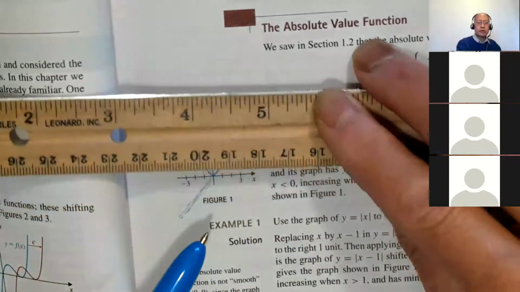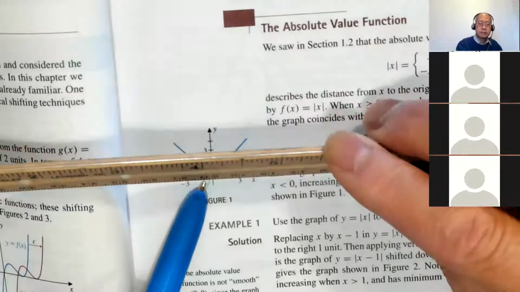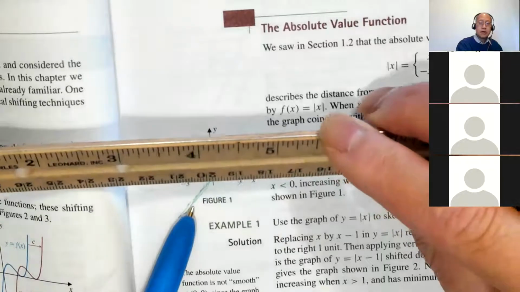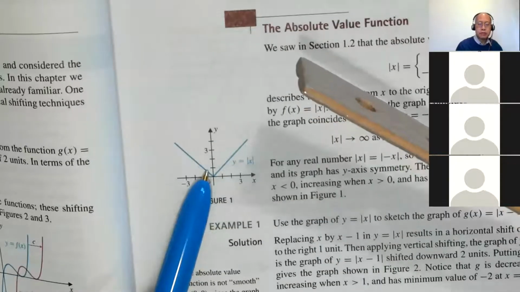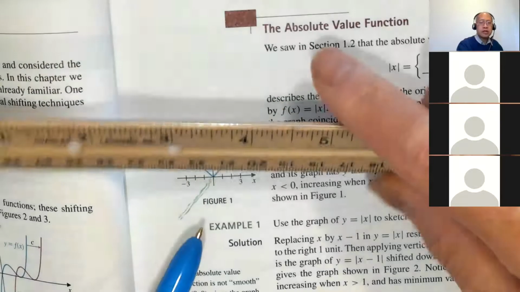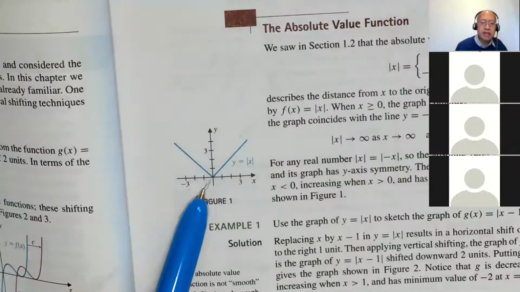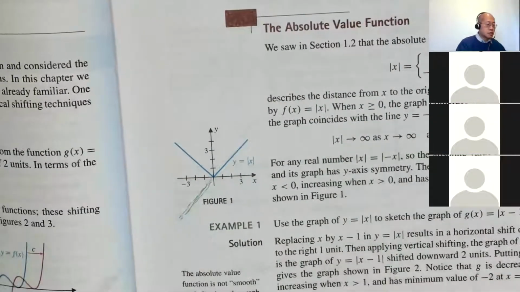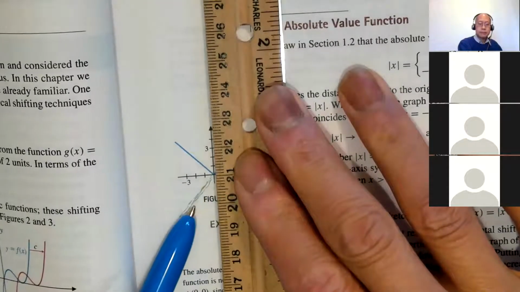Now, what do I do with the part that's below the x-axis? You know I can't stay there. Well, the absolute value of -1 is +1. Absolute value of -2 is +2. So all the ones that were negative become positive. So the part that's below the x-axis, only focus on this right now.